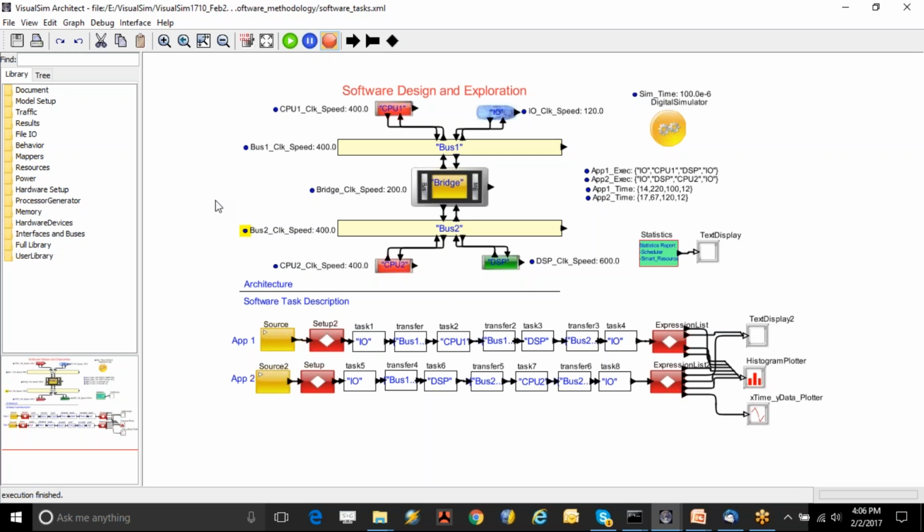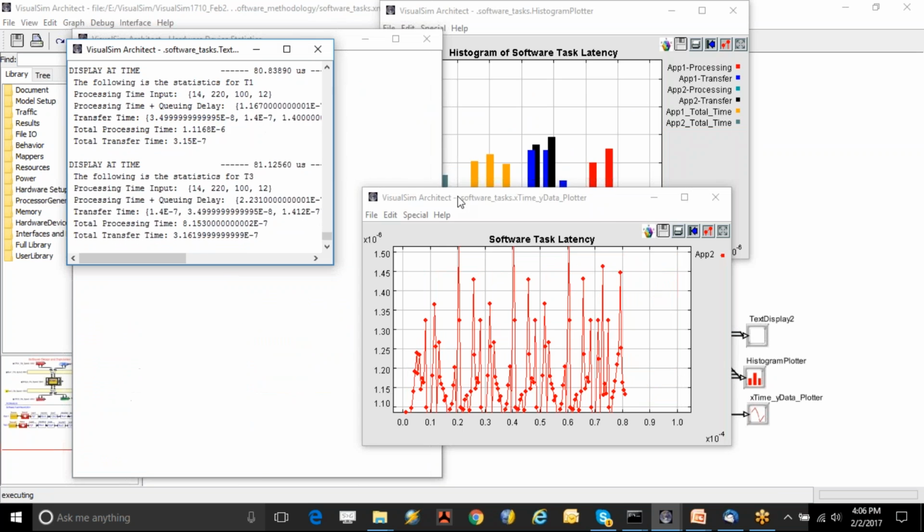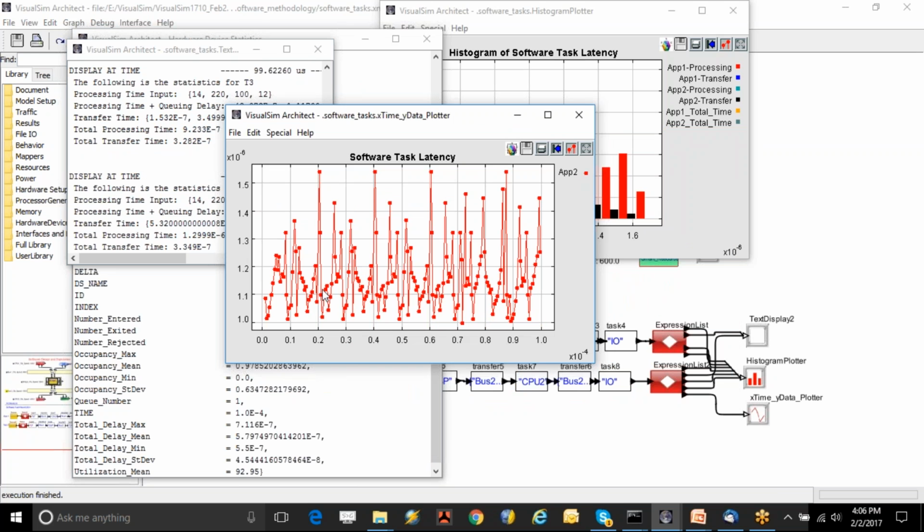By increasing the clock speed, I would expect the latency to come somewhere close to 1 microsecond or something like that. So if I run the model, I can see here that most of the tasks are getting executed under 1.2, whereas there are a few tasks that are going above 1.5 microseconds.